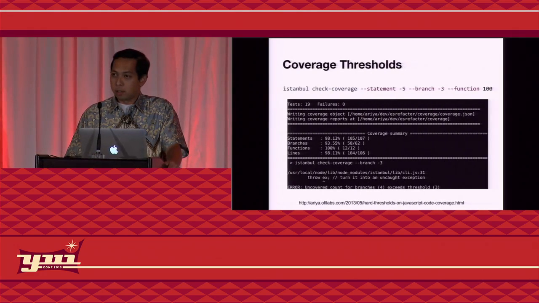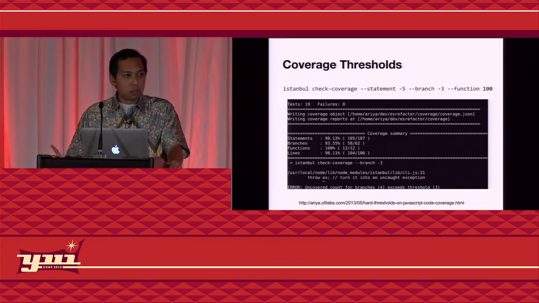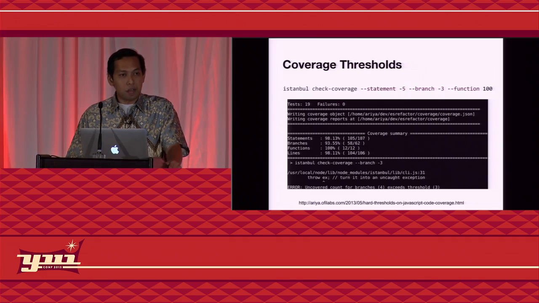And if you're crazy, there's an advanced usage of Istanbul, where it can also validate the amount of coverage. How many of you here use these features? Nice. In this example, check-coverage, --statement -5 means at most 5 statements can be uncovered. --branch -3 means at most 3 branches can be uncovered. And --function 100 means 100%.